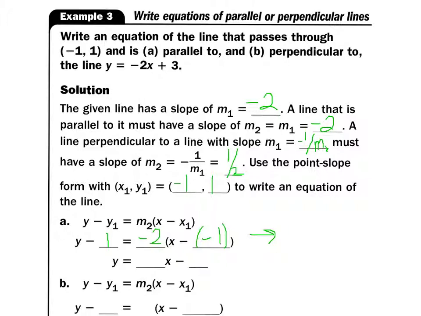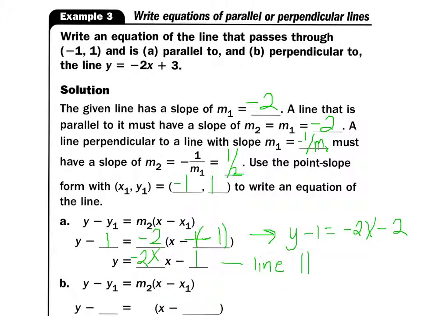So let's say y minus 1 equals negative 2x, and then this is plus, so negative 2. Now I'm going to add 1 to both sides. So y equals negative 2x minus 1. And that is my line parallel to my other line.